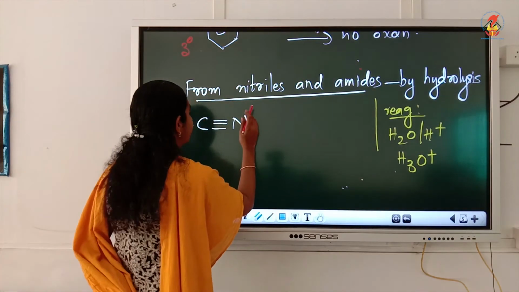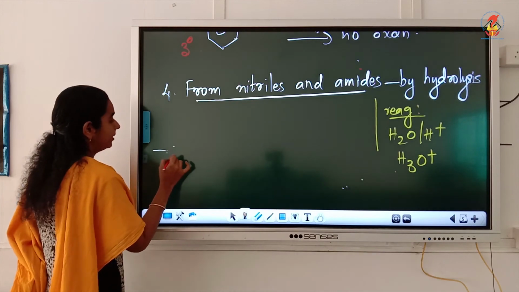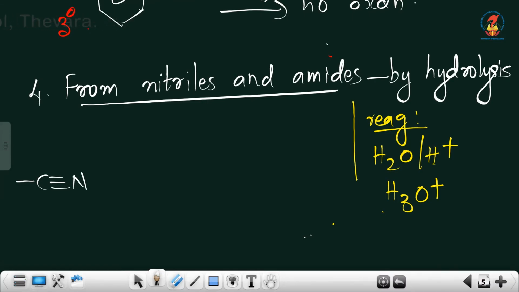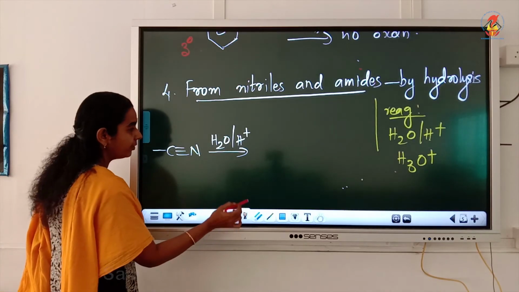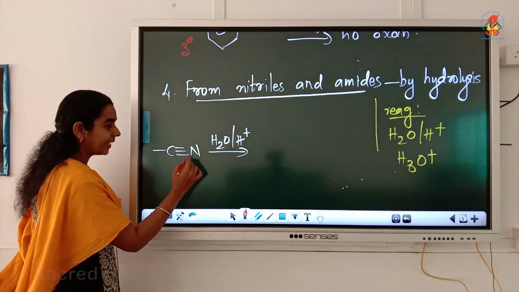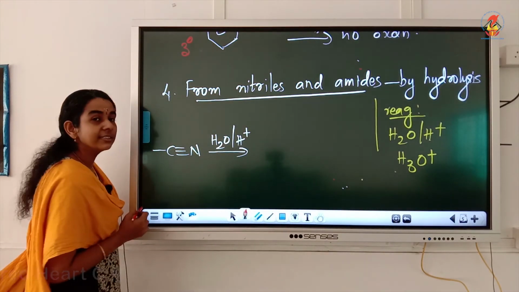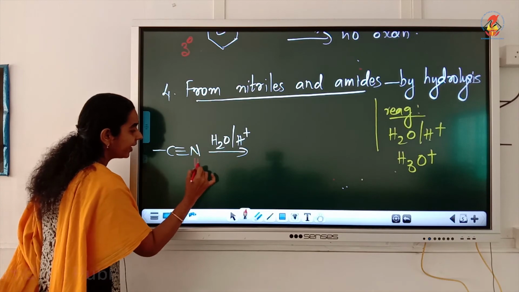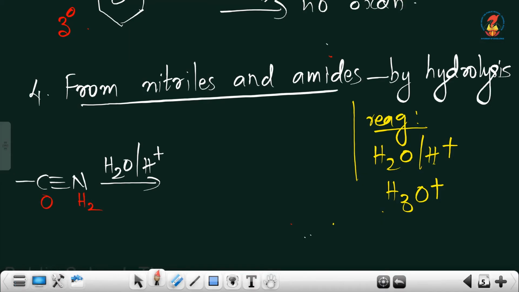So first I am treating cyanides, general representation or expanded form C triple bond N, with H2O, H plus or H3O plus. We have already studied that when we add water to a triple bond, we add it as H2 and O. So here I am adding water as H2O across this C triple bond N, H2 here and O here.